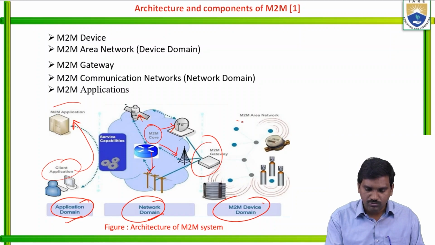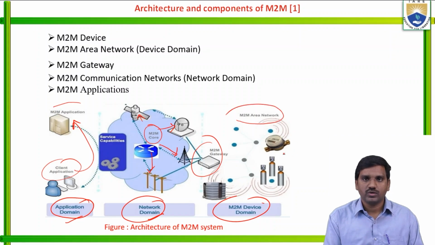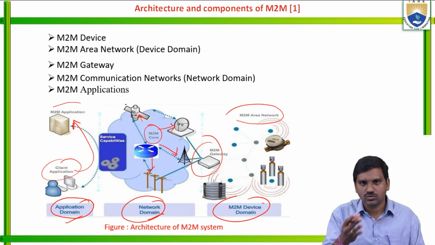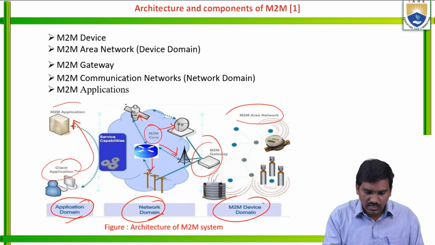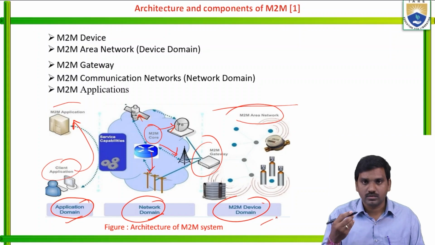This is the M2M area network, which connects different devices. This is the complete architecture of the M2M system. Initially it has three types of domains: application domain, network domain, and machine to machine device domain. They are connected through the M2M gateways, which process data from one domain to another. So this is the complete architecture of the M2M system.